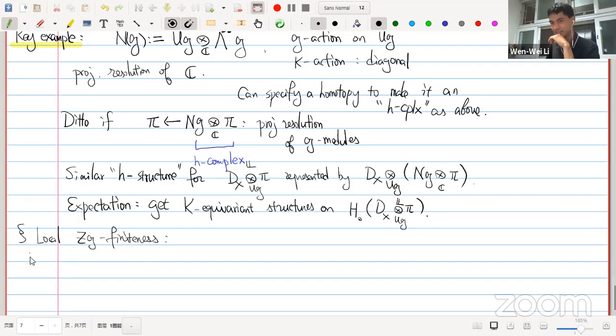The basic idea is, this is much simpler. The idea is to try to compute these homologies using a resolution.